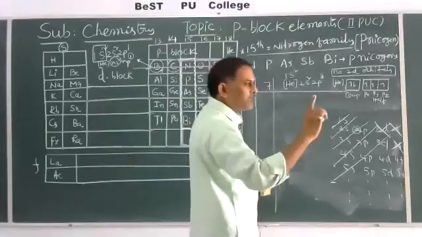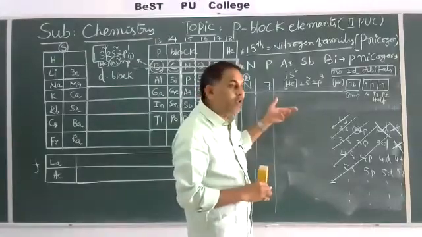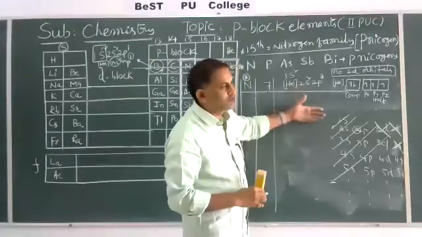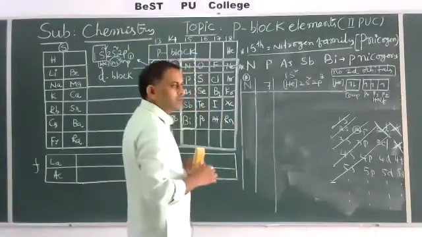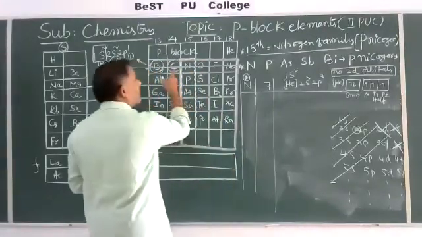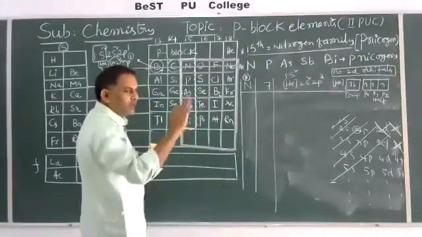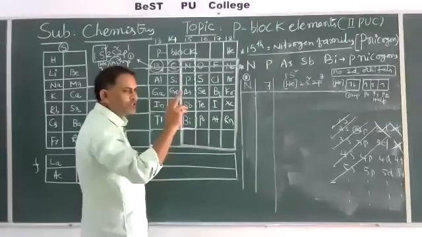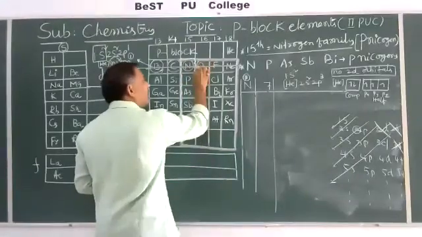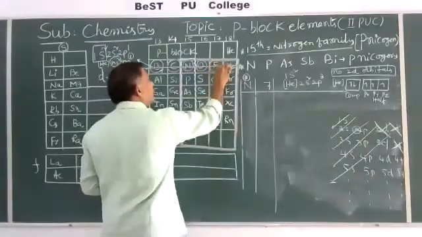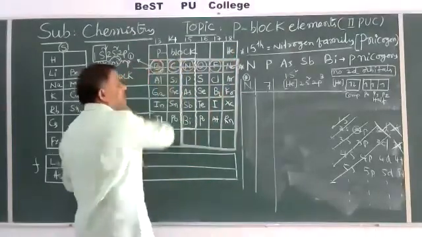Based on this, we can expect one question, that is anomalous properties of nitrogen compared with the same family members. Regularly at PU level or theory level, subjective level, for carbon, nitrogen, oxygen, fluorine groups, in each and every family, we can observe one question: anomalous properties of nitrogen, of oxygen, of fluorine, and of carbon and boron.